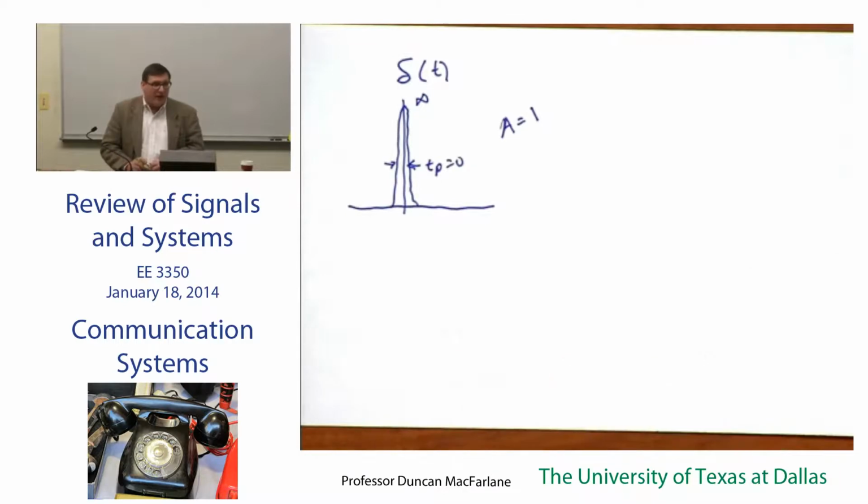Now, delta functions are a very general concept. If I take any lump of signal, any pulse of signal, I can push that towards a delta function. I can start with any shape of pulse, and I can push it towards a delta function.